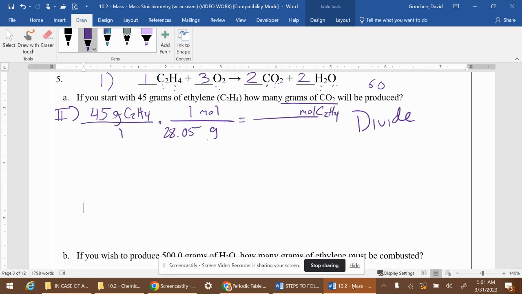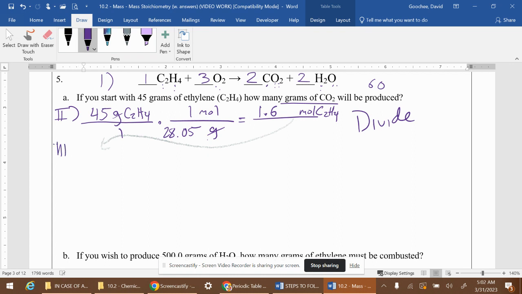Okay, so 45 divided by 28.05, we get 1.6 moles of ethylene.